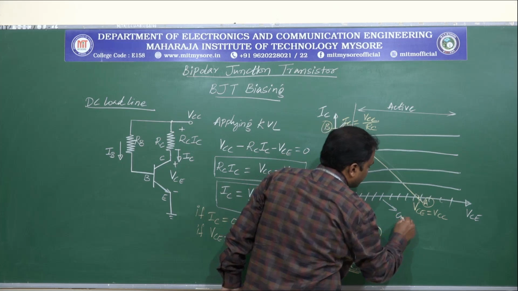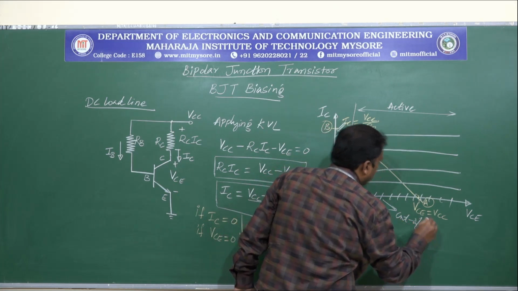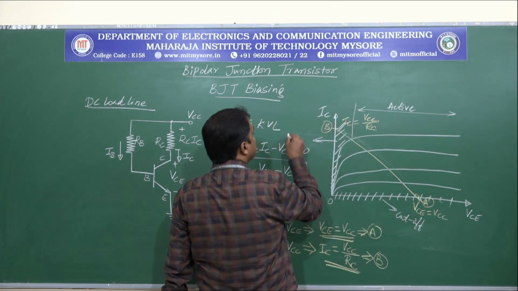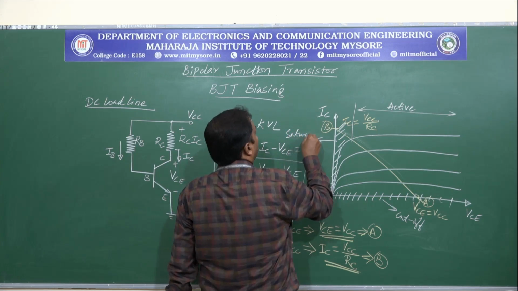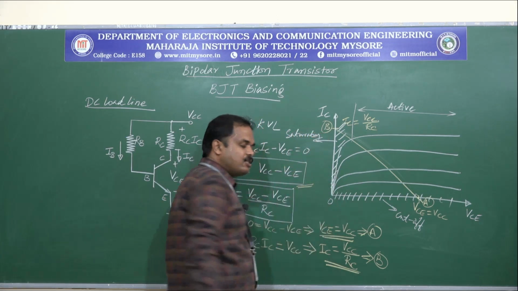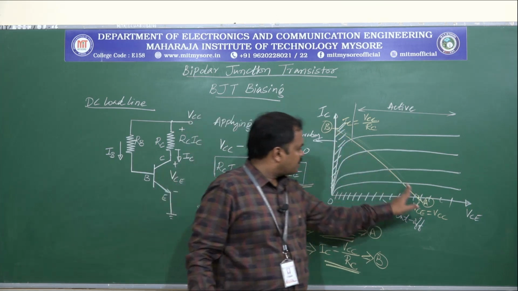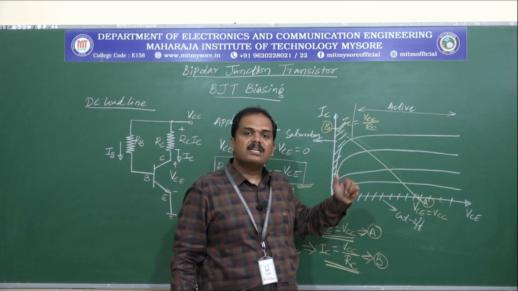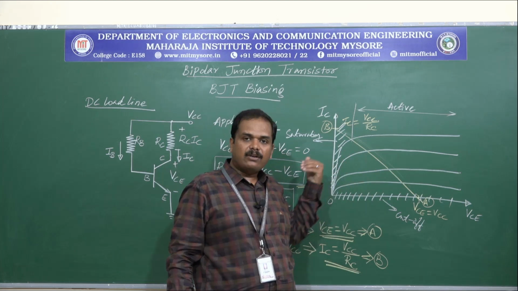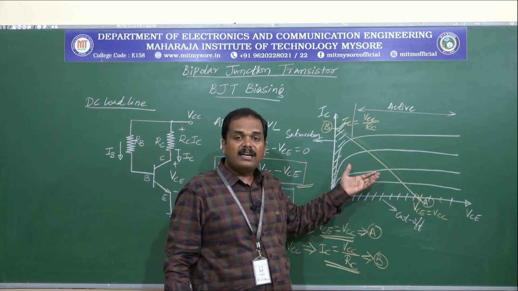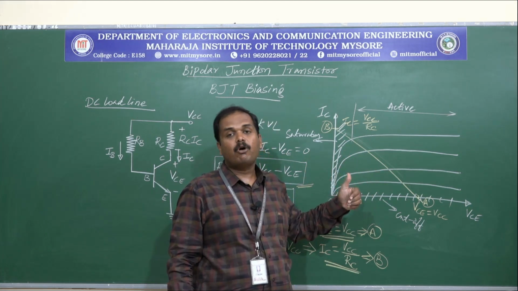This DC load line says the DC conditions that could exist. So this is connected to the operating point related to the BJT.